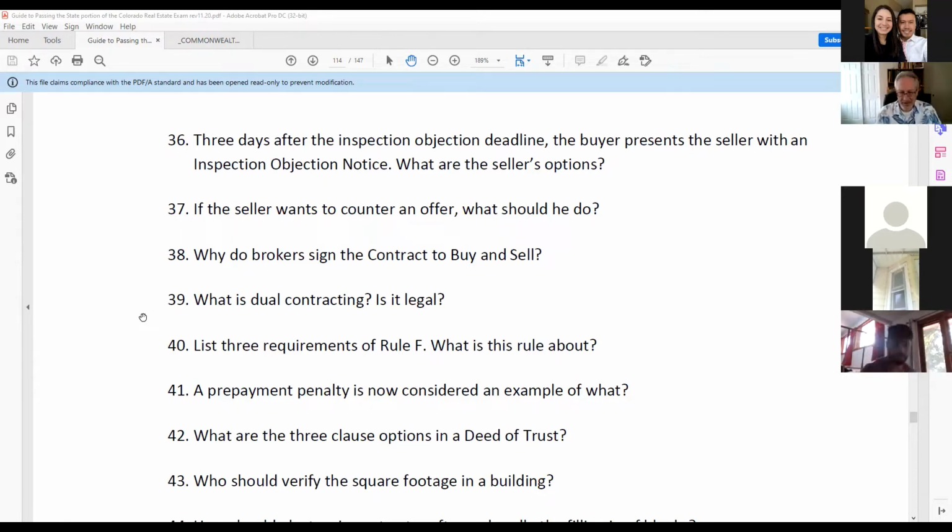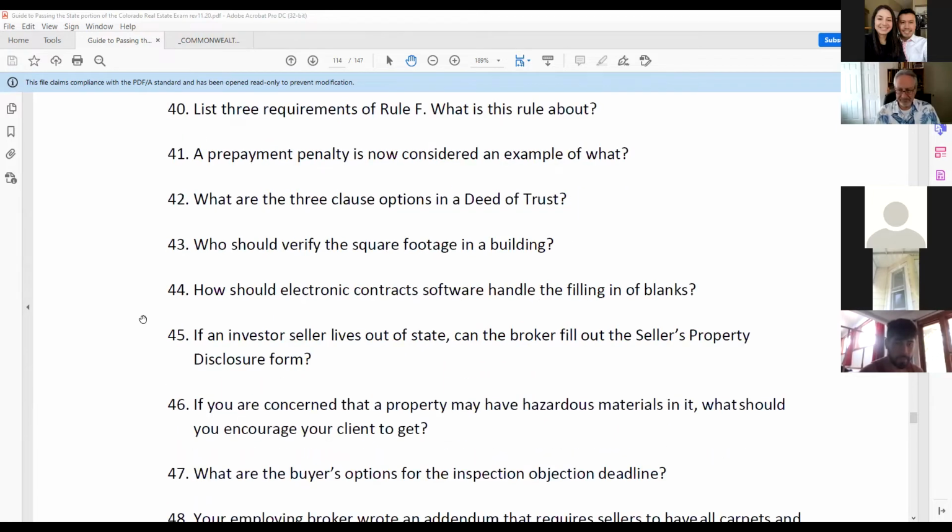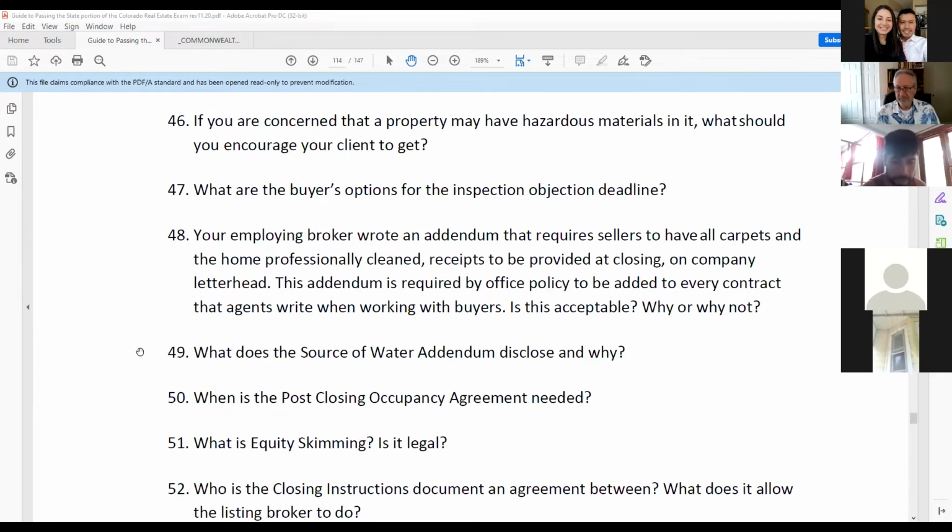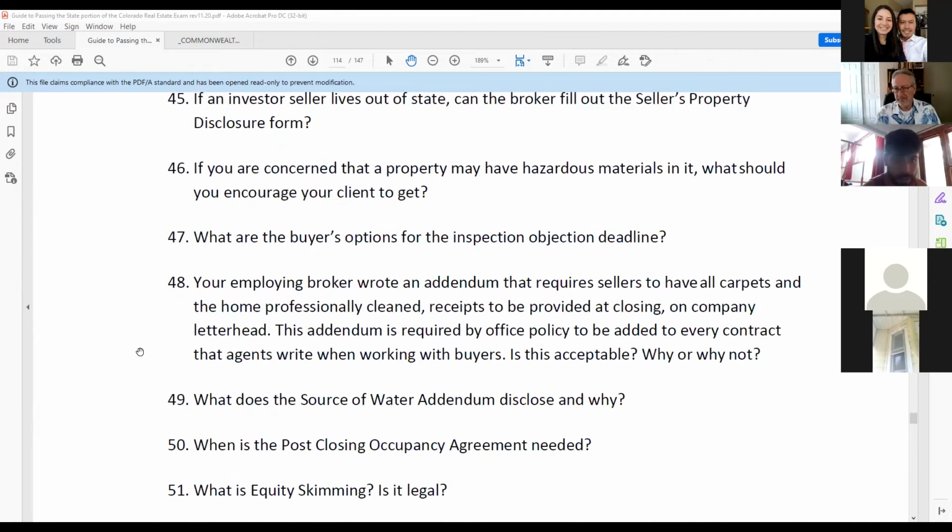Anybody else, any other questions on contracts? Are you allowed to be in a buy and sell contract with the same person? Like you're helping somebody sell their house, and then can you also be in a second contract with them to help them buy a house if they're already ready to buy? Absolutely. That's what I was just describing. You help them sell a home, you represent them as a seller's agent, and then you turn right around and they could be under contract.